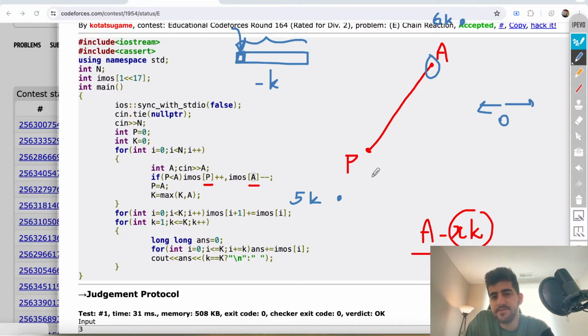So I'm saying that if this happens, A has no effect on the answer. It never starts another interval. It is just there, and whenever P dies, A dies as well.